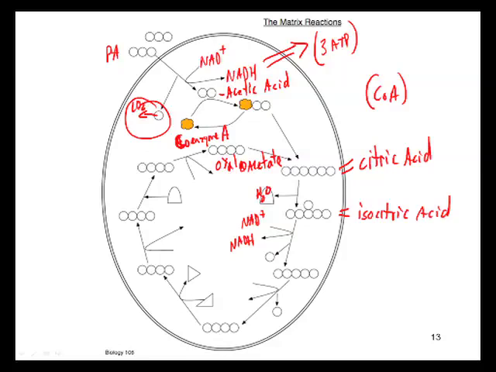We see that we lose a carbon in the form of carbon dioxide. And now that isocitric acid has been oxidized to a 5-carbon molecule called alpha ketoglutaric acid.